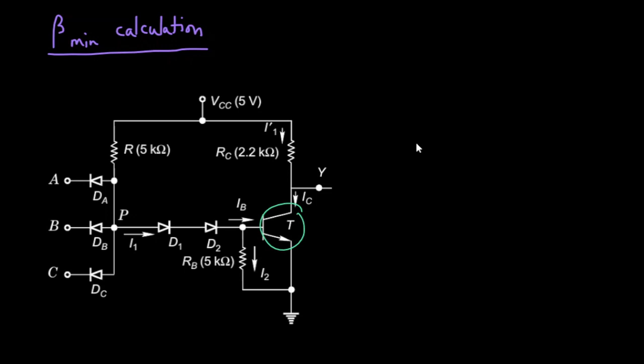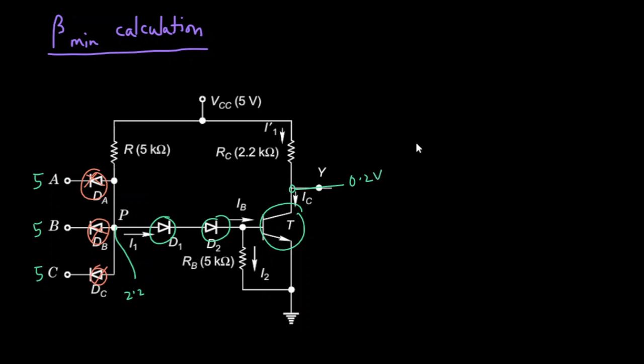Now consider the input combination when the transistor T operates in saturation, that is all the inputs are high, and then the input diodes are turned off. The diodes D1, D2 are turned on, and we also know all the node voltages. The node voltage of P is 2.2 volt, and the output voltage is 0.2 volt.